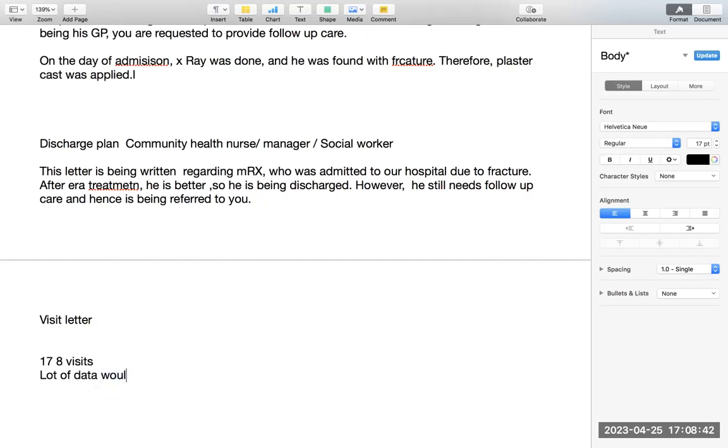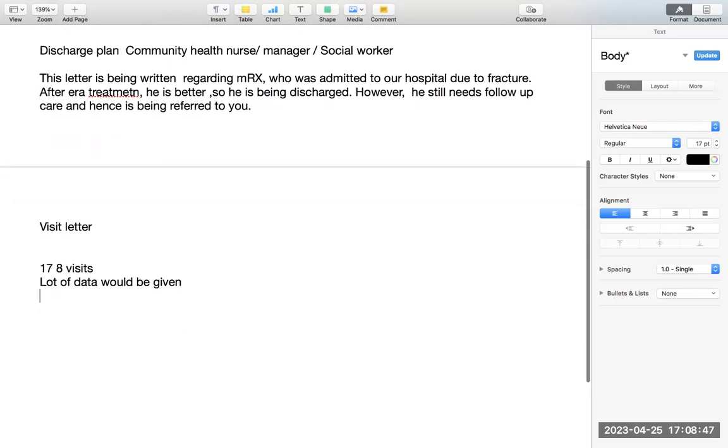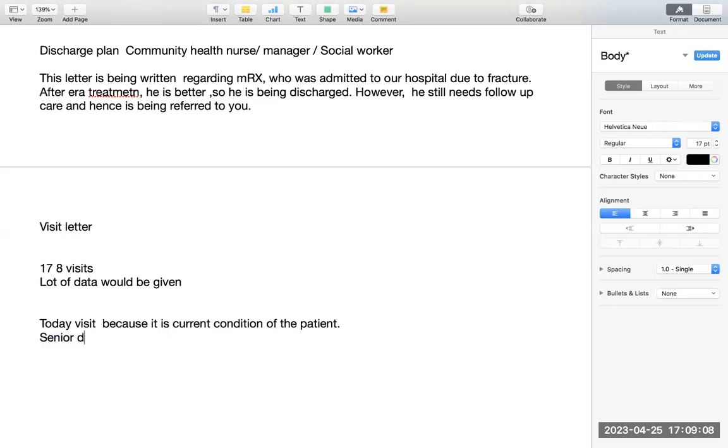Please understand, in these kinds of letters the most important visit is today's visit, because it is the current condition of the patient. These kinds of letters are mostly sent to senior doctors because the current condition is worse, so that is why we refer the patient to a senior doctor.